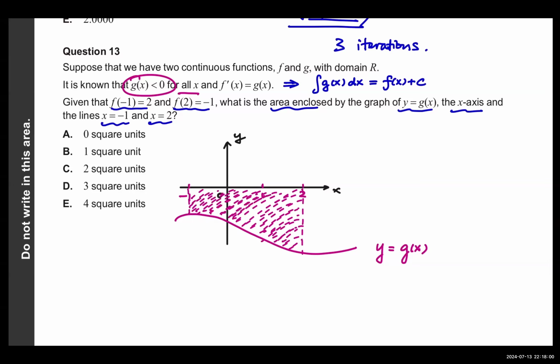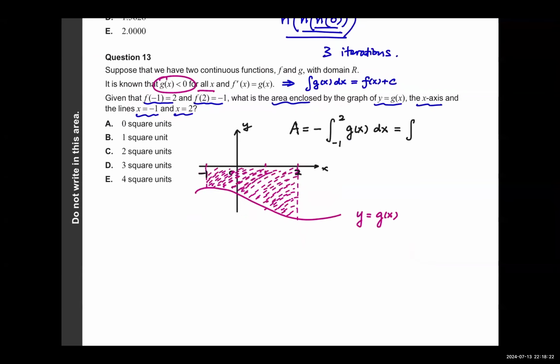And the actual area should equal negative integral from -1 to 2 of g of x dx. Because we have put a negative in front of the integral, we can swap the order.